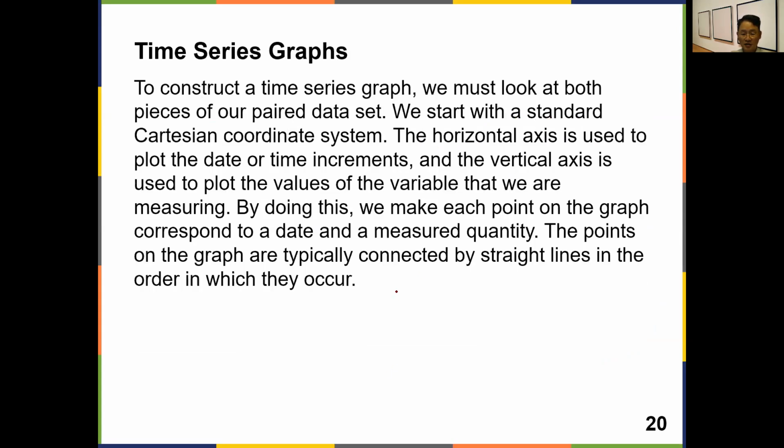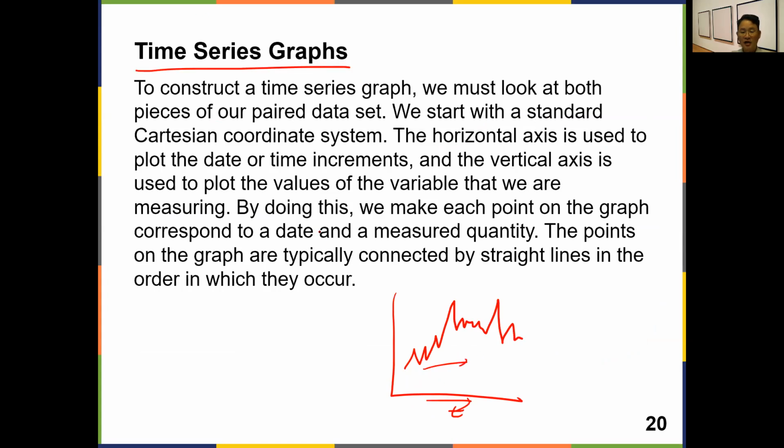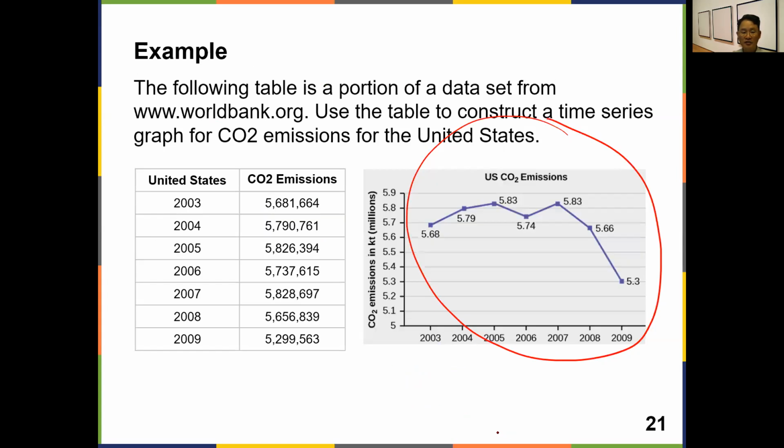You've seen this type of graph that describes the stock market, the interest rate, the mortgage rate, all these things. It progresses as time progresses. This is what we call time series graph, and it looks like this.